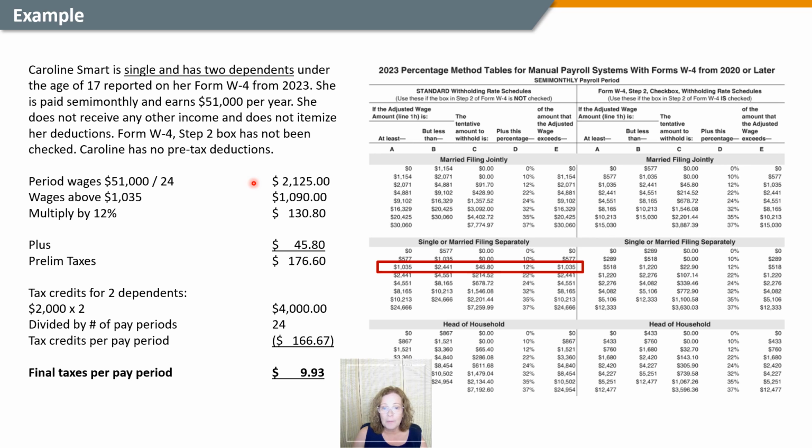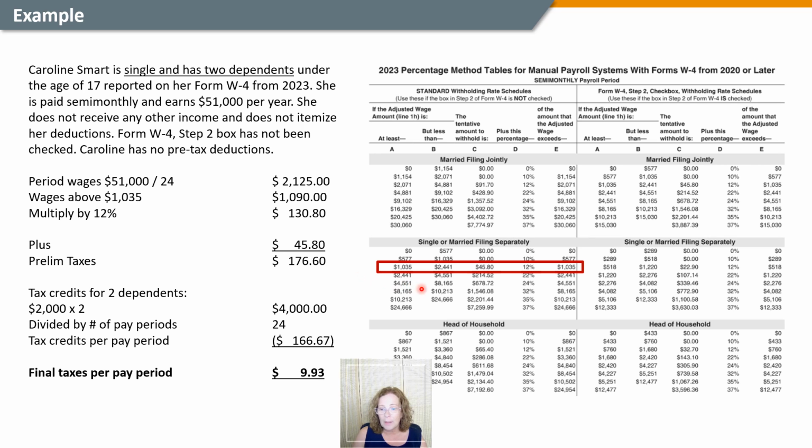Carolyn is single and did not check box 2 on the W-4. Therefore, we look on the left side of the table in the section for single taxpayers. Please be sure that you have the tax table for the correct payroll period. We find the right row that includes Carolyn's semi-monthly wage of $2,125.